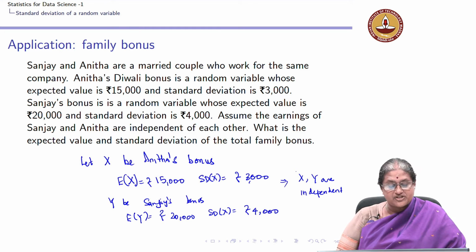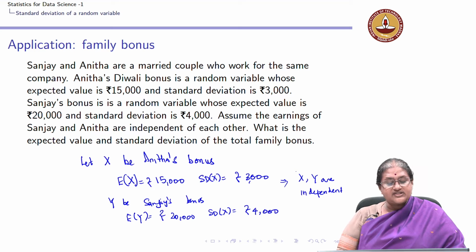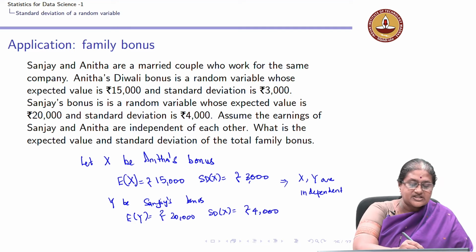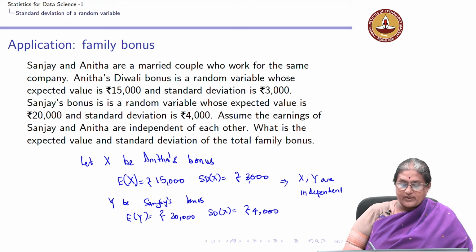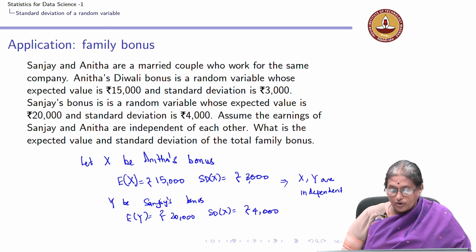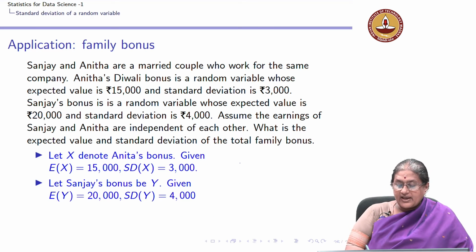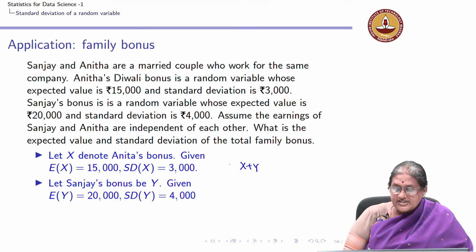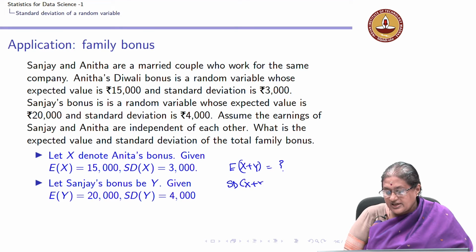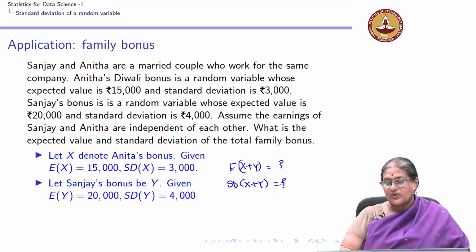This is an assumption. I want to know what is the expected value and standard deviation of the total family bonus. By family, I am just assuming Sanjay and Anita form a family. So, my total family bonus is x plus y. I want to know what is expectation of x plus y, and what is standard deviation of x plus y.